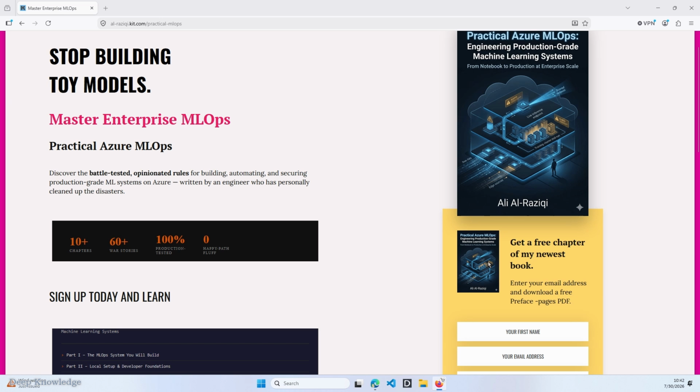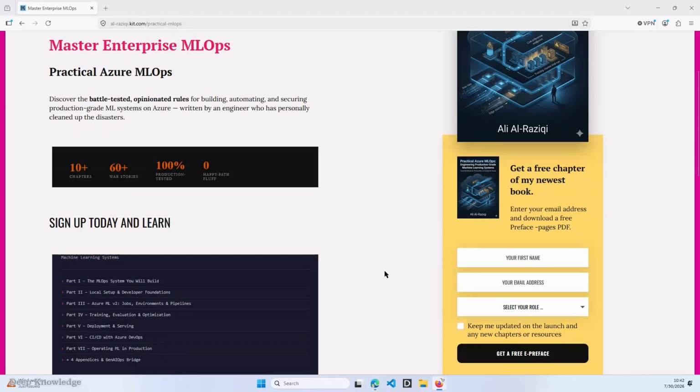It's to help you understand how these pieces fit together so you can adapt them to your own infrastructure and your own requirements. Throughout the book, I share the patterns, decisions, and lessons that are usually missing from tutorials. So not just how to do something, but why it's done that way.